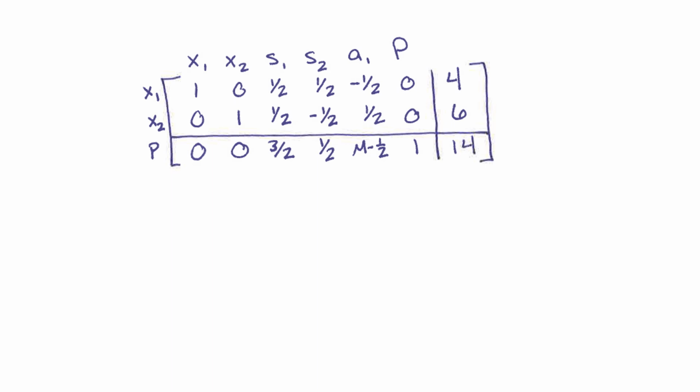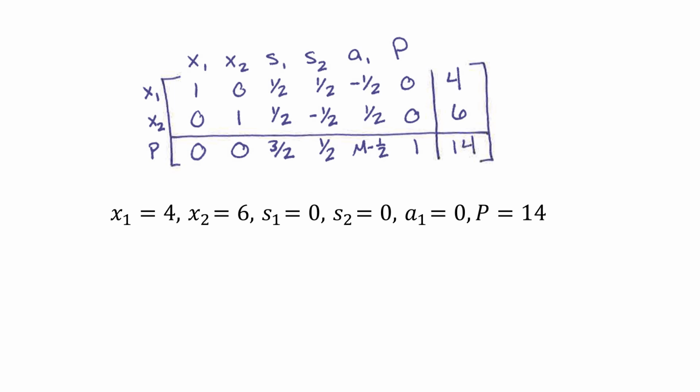So to find the solution for the modified problem, let's find the values of all of our variables. So x1 is a basic variable and it has value 4. x2 is a basic variable and it has value 6. s1, s2, and a1 are non-basic. They all have a value of 0 and p is 14.